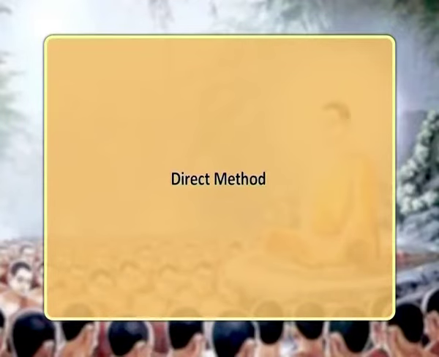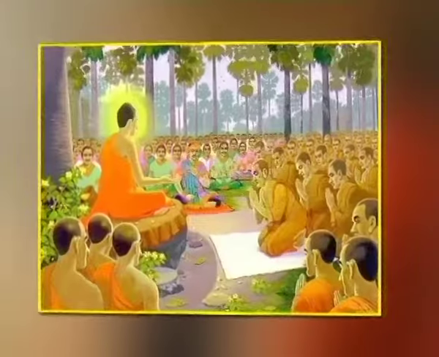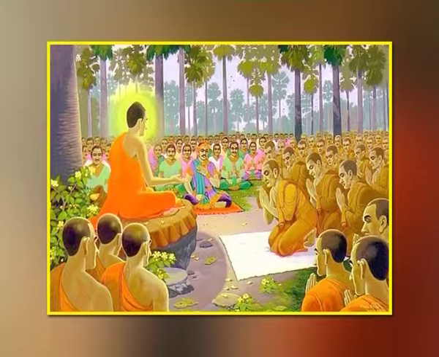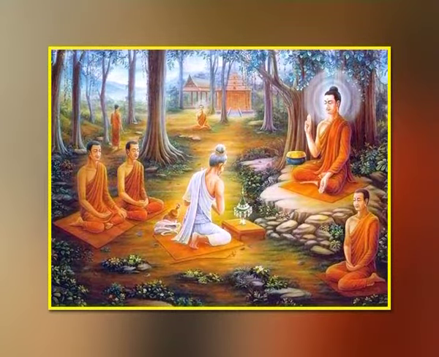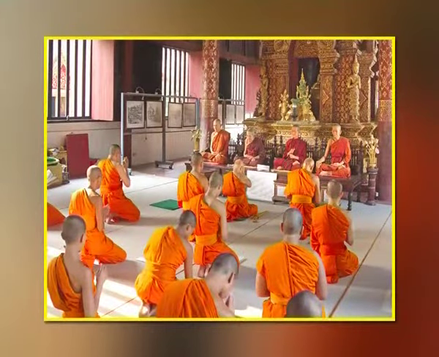The fourth method is the direct method. In the Buddhist system of education, the direct method of teaching was adopted because the teacher and the students dwelt in the monasteries together. That is, they lived there together. The teacher would suggest a lesson to them and the students would learn it by heart.